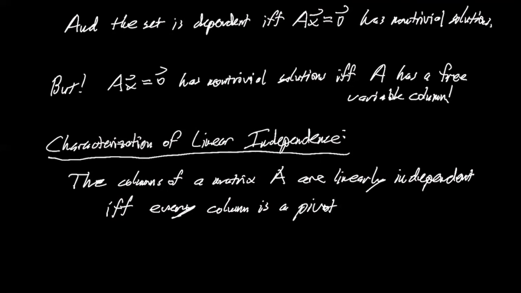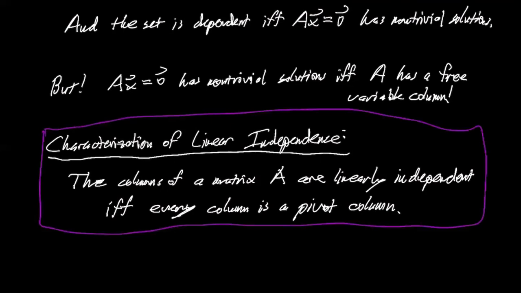And so, like with every concept we've studied so far, it always comes down to pivots. This is a nice characterization. When you're asked whether a set of vectors is linearly independent or dependent, all you have to do is make a matrix, row reduce, and look at how many pivots there are.